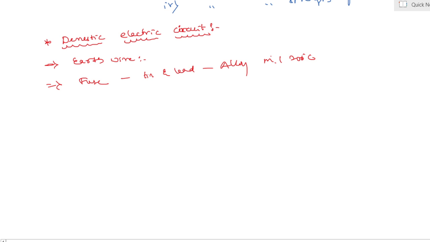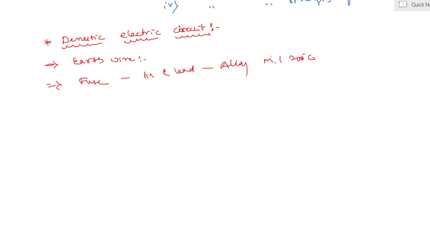Okay, my dear students, in this chapter, the magnetic effect of electric current, we have discussed what is meant by magnetic field, how magnetic field is formed, magnetic field lines and properties of magnetic field lines.